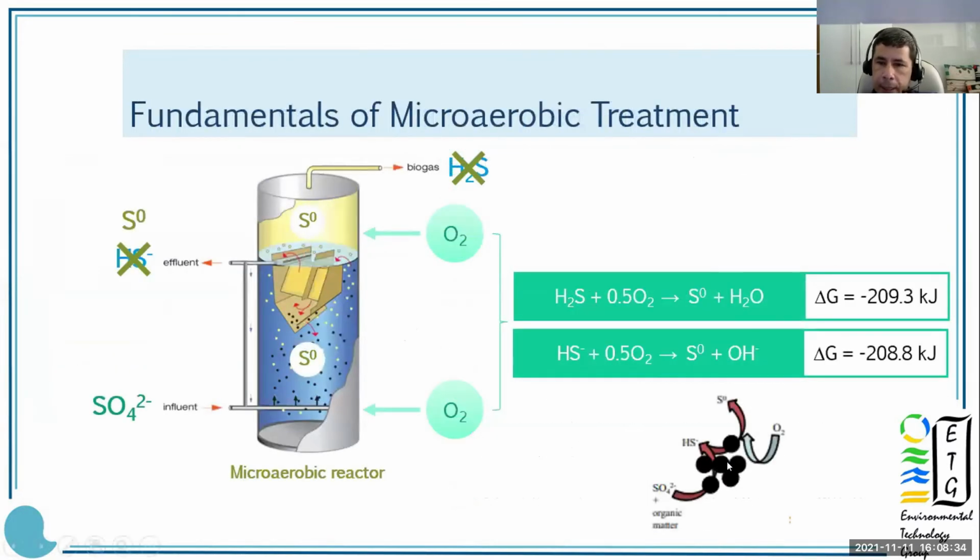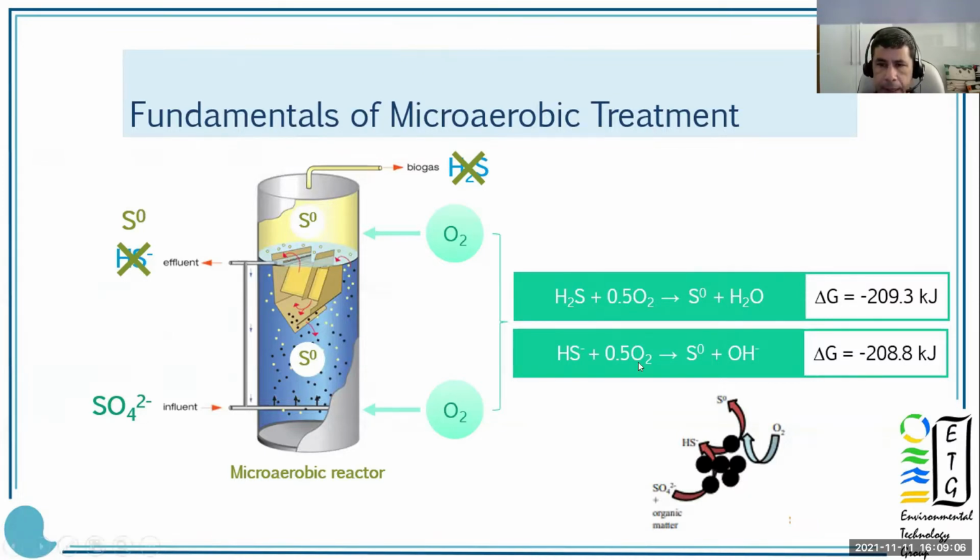So the thermodynamics behind this, if we think about the reaction, the idea is to combine the removal of 1 mole of H2S with half a mole of oxygen to produce elemental sulfur. This is a very spontaneous process in terms of thermodynamics, or Gibbs free energy.